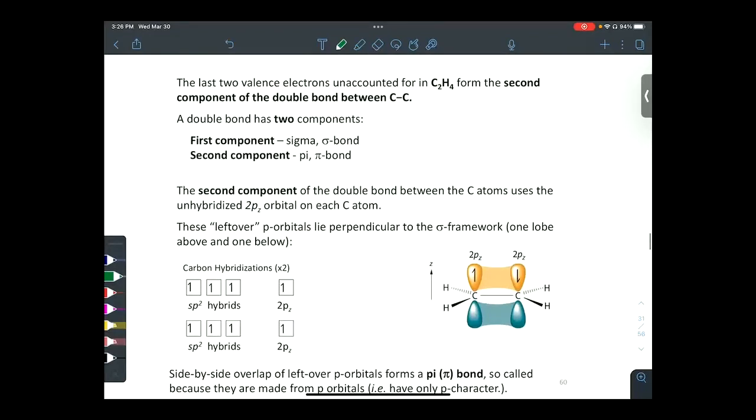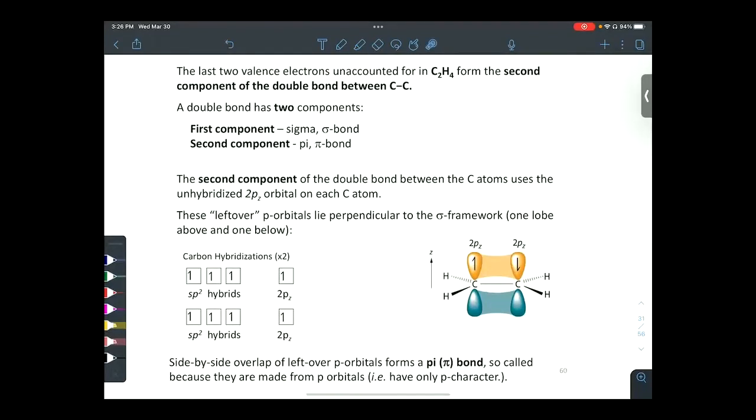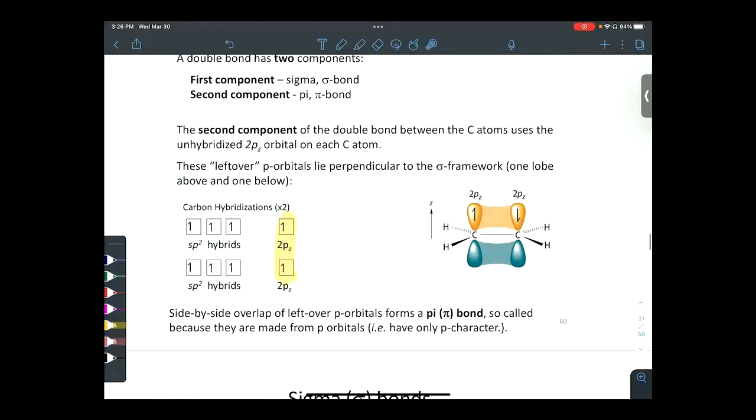All right, so that's what we did. Those 2 unaccounted electrons are coming from the pi component. A pi bond is formed from 2 adjacent p orbitals. These p orbitals on the carbon atoms are in and out of the plane of the molecule.